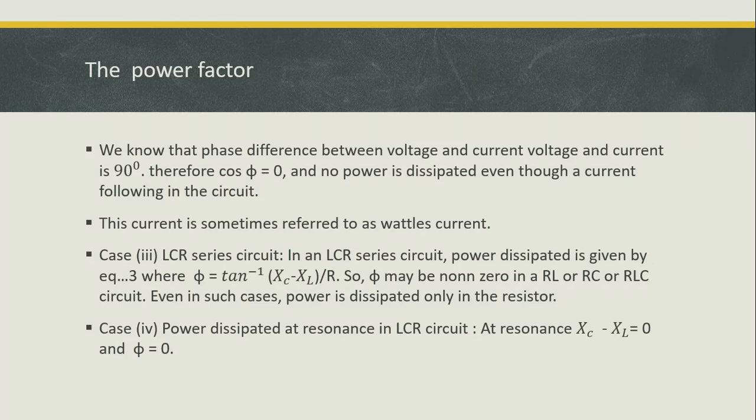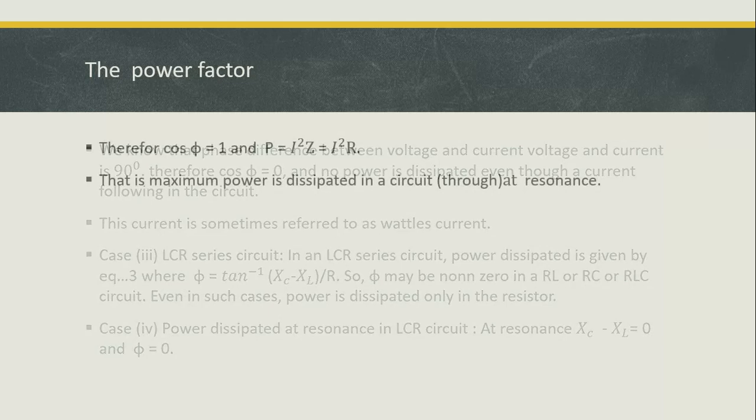Phi is equal to 0 means that the value of cos phi is equal to 1. So the value of P is equal to I square Z, which is similar to I square R, that is, maximum power is dissipated in the circuit at resonance.